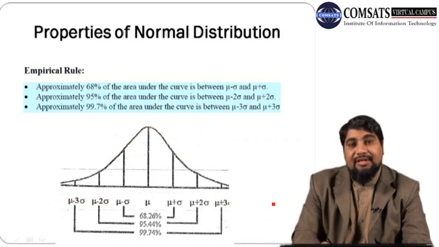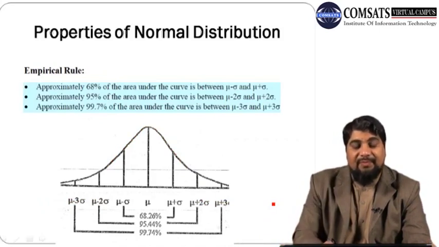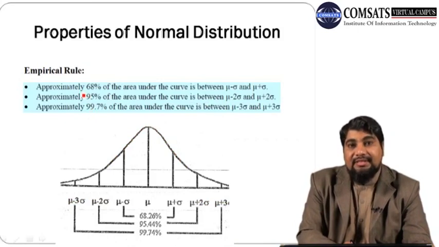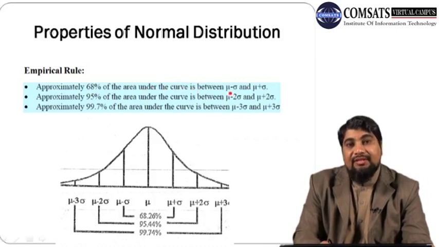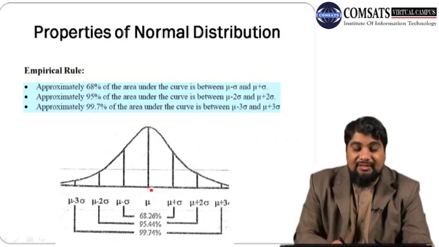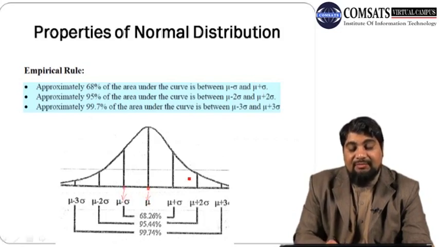And next we discuss some empirical rules. So rule 1 says that approximately 68% of the area under the normal curve is between mu minus sigma and mu plus sigma. So here is the mean value or mu, so this point represents mu minus sigma, and here we have mu plus sigma.